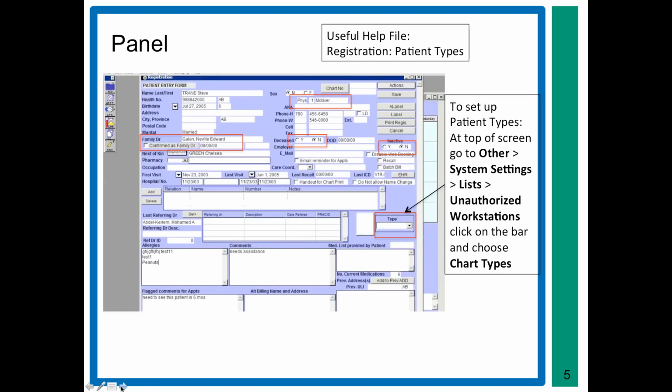So the first thing we wanted to talk about is looking at the patient registration page in Telin. There are some important fields that you want to be aware of. What you see on the screen is the registration page, and you'll notice that there is a family doctor field and a physician field, and you can use both of these to attach the patient to the provider.